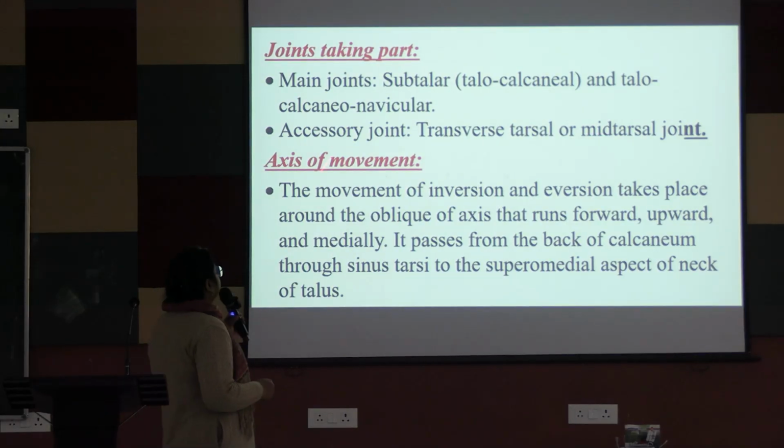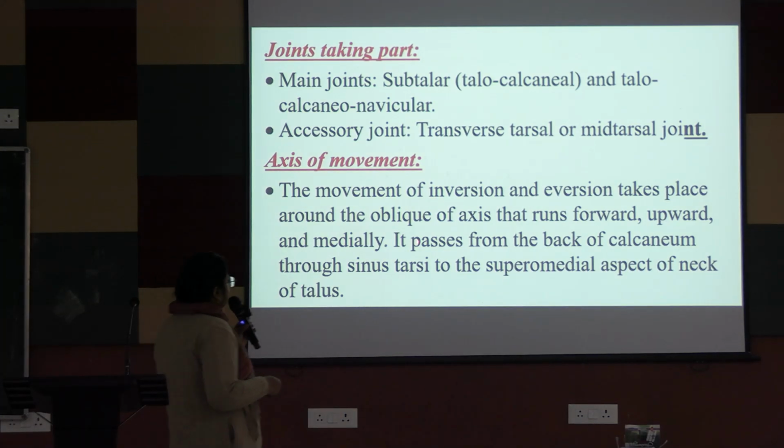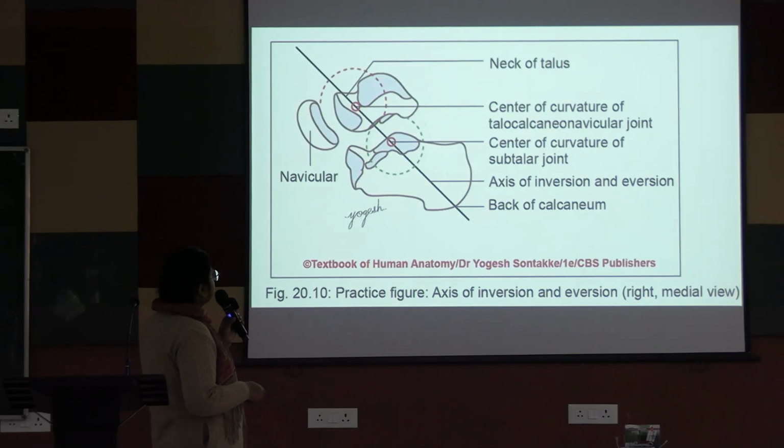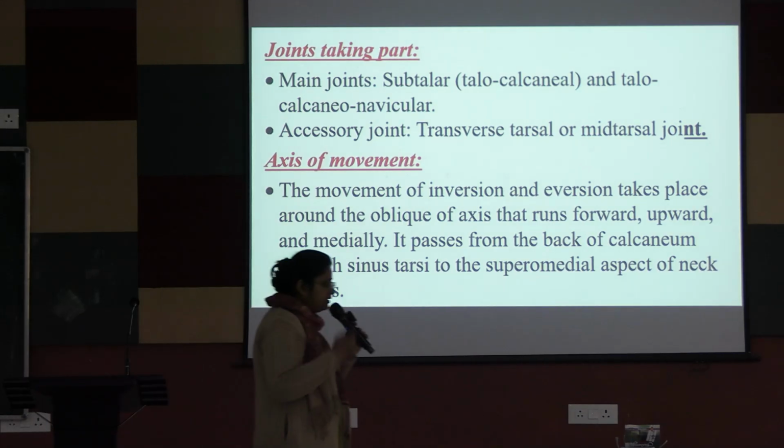Okay. What is the axis of movement? The movement of inversion and eversion takes place around the oblique axis that runs forward, upward and medially. You can see here, forward, upward and medially the axis is passing. It passes from the neck, back of the calcaneum, through sinus tarsi to the superomedial aspect of the neck of the talus.